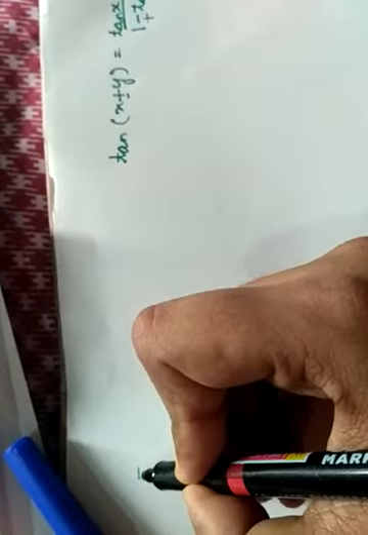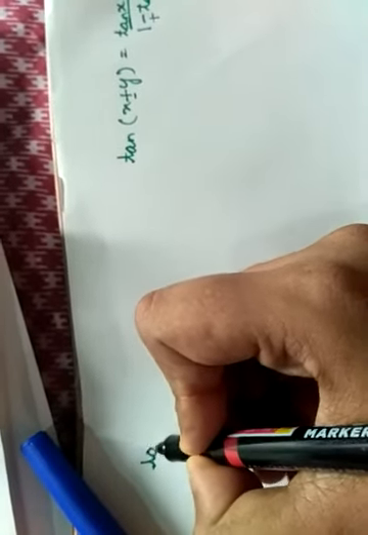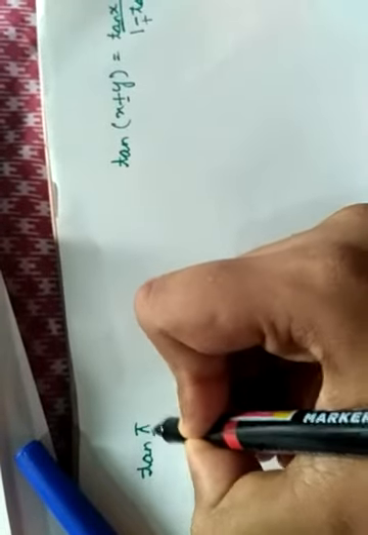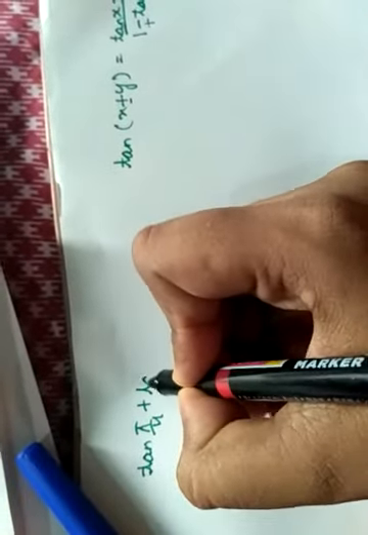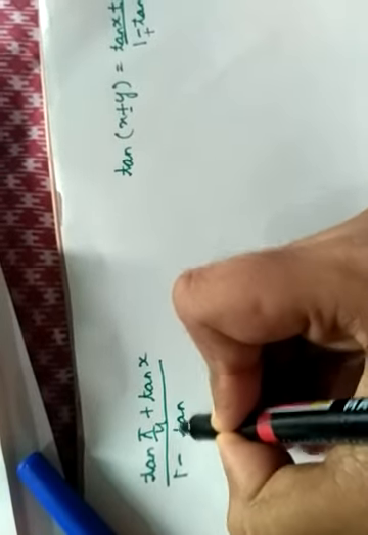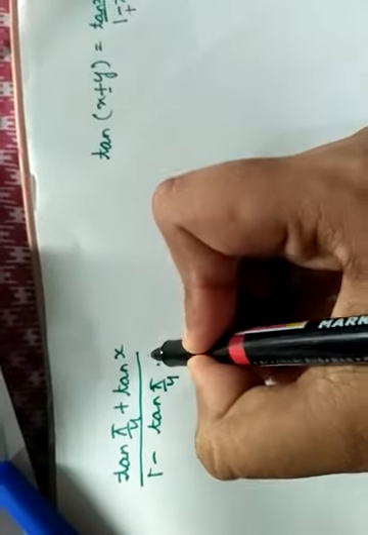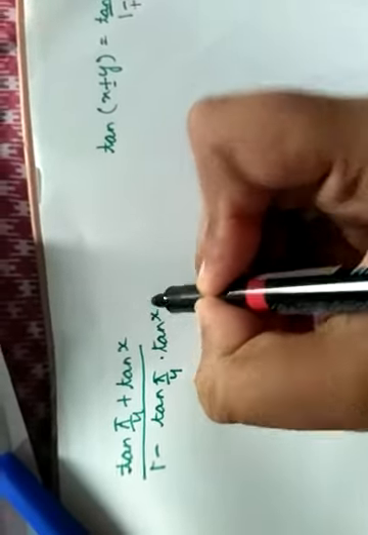See, in the numerator it is written tan of (pi/4 + x). So on expansion it can be written as (tan pi/4 + tan x) upon (1 - tan pi/4 into tan x).